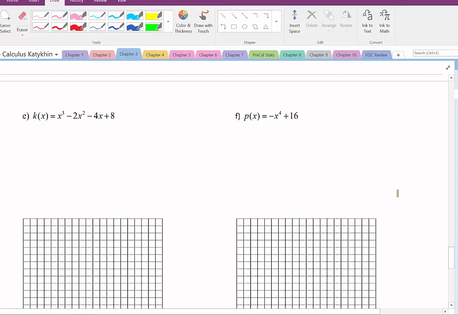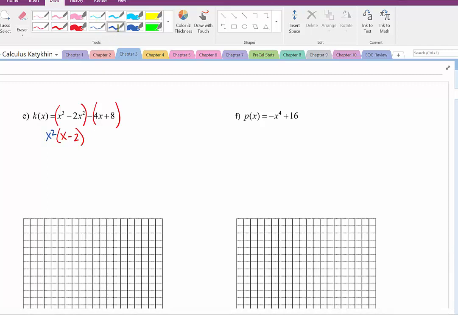So for example E, we're actually going to have to factor by grouping again to find my x-intercepts. So let's go ahead and do that. In the first one, I would factor out an x squared, which will leave me with x minus 2.